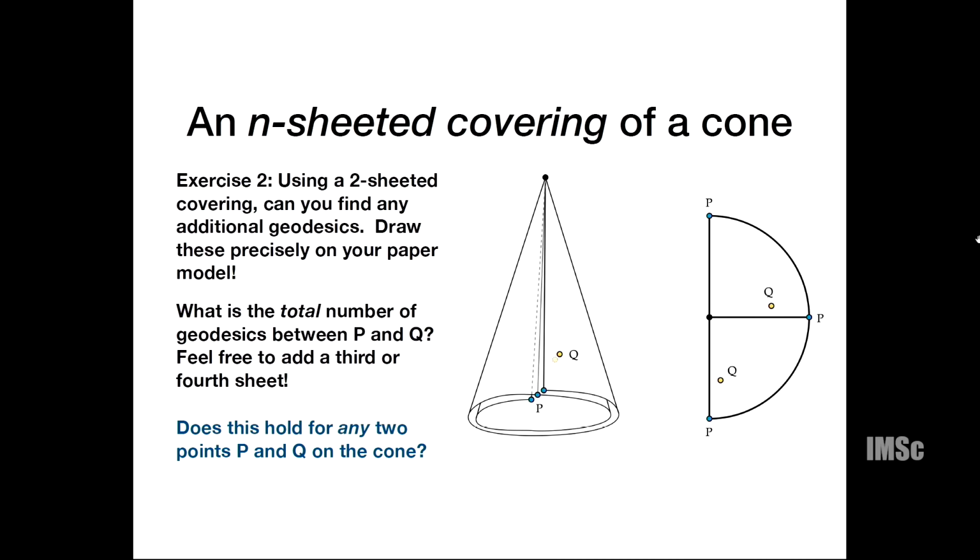Can anyone see a counterexample here? With the 90-degree cone, are there any 2 points that don't have 4 geodesics between them that we can see? Yeah, so there is an exception. If we have 2 points that are on the same radial line, those won't have 4.